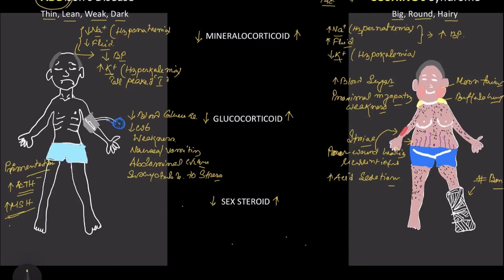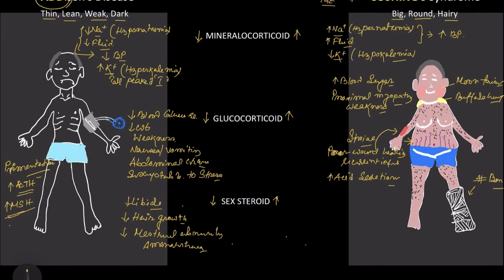The features that develop due to decreased sex steroid in Addison's disease are decreased libido in both of the sexes, and also decreased hair growth, because these adrenal sex steroids are important for the development and the growth of hairs. Also there will be menstrual abnormalities in females. In females particularly, there will be decreased or absent menstruation, that is amenorrhea.